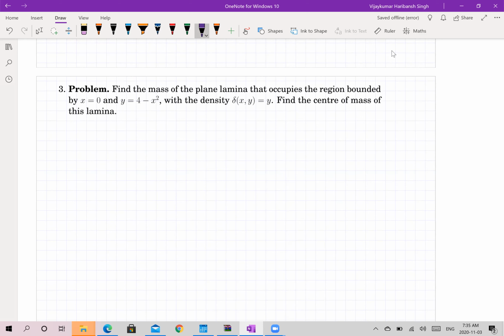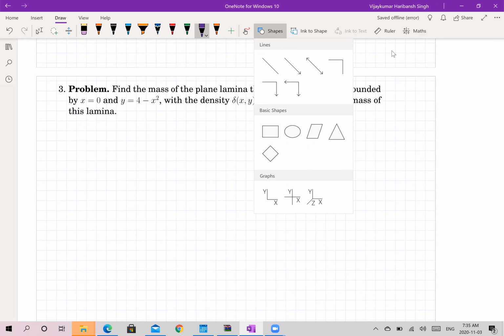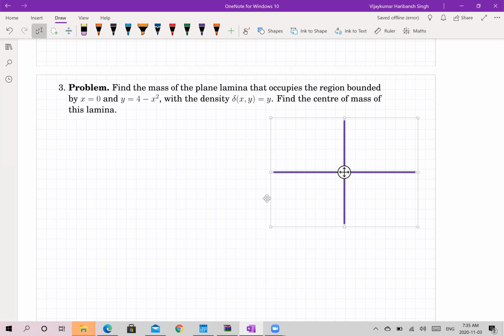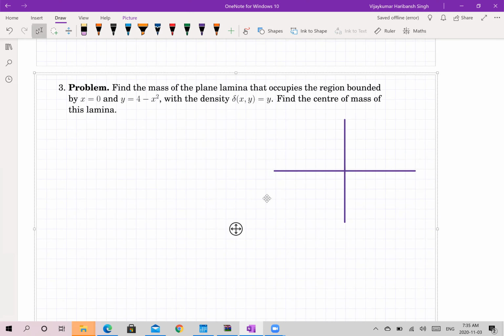First of all, let's draw this region. y equals 0 is the x-axis, and y equals 4 minus x squared is the inverted parabola.